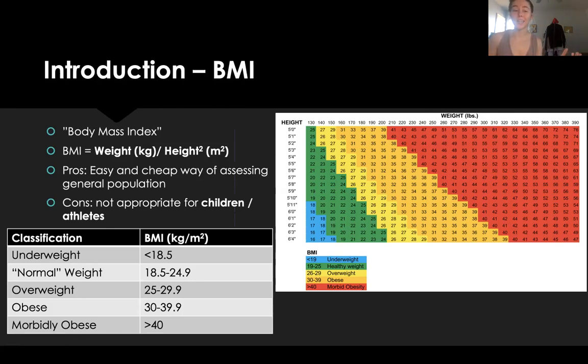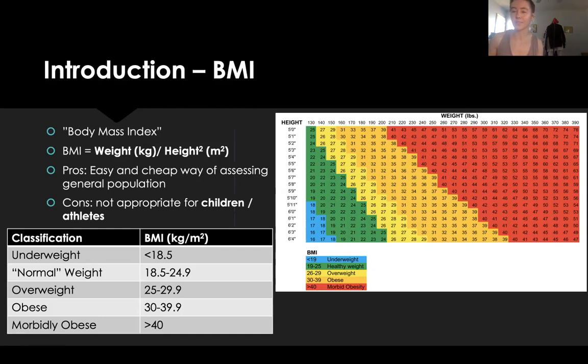But the reason why it's not appropriate for athletes is because athletes tend to have a higher muscle quantity within their body. So it'll say that a powerlifting athlete is morbidly obese, or a bodybuilder is morbidly obese, but they're not.